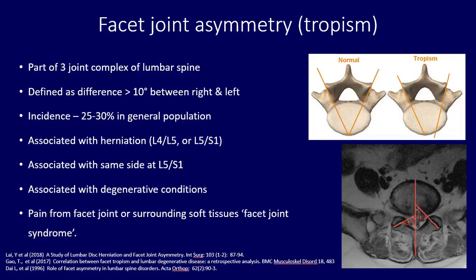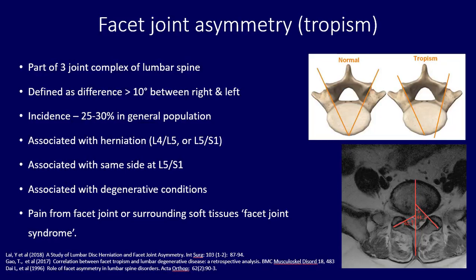So asymmetry or tropism is common in the facet joints, and it is defined as a difference between the right and left sides greater than 10%. It occurs in about a quarter of the population and is more commonly seen at the lower lumbar segments.